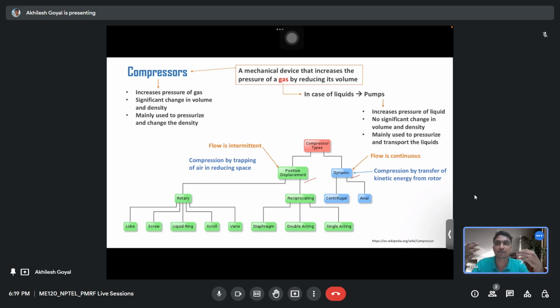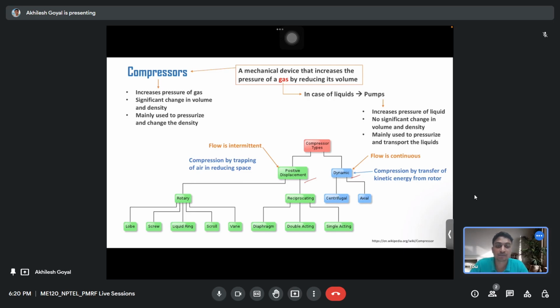In a piston-cylinder arrangement, the air is inside the cylinder, the piston goes up, the space reduces, and this reducing space results in the compression of the gas. But in dynamic compressors, the compression happens because of the transfer of kinetic energy from the rotor to the gas, and this transfer of kinetic energy results in a change in the pressure of the gas.